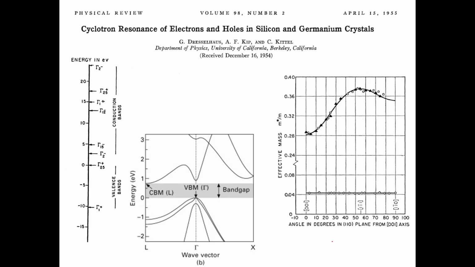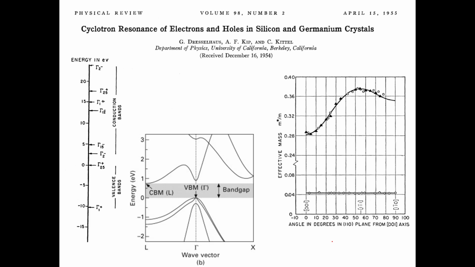This was done using the cyclotron resonance technique, which allows us to obtain the effective mass along different directions in the Brillouin zone.